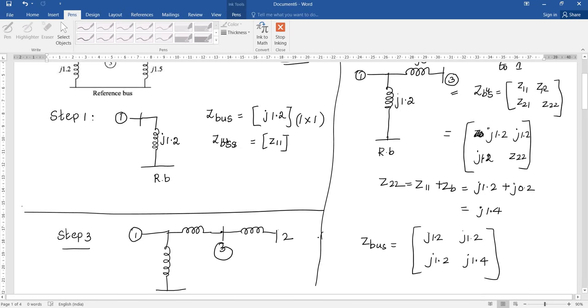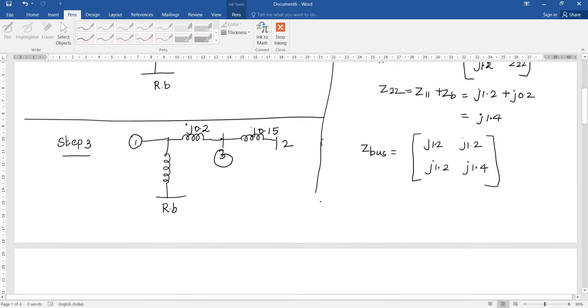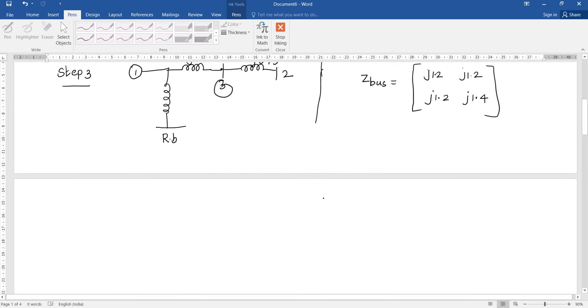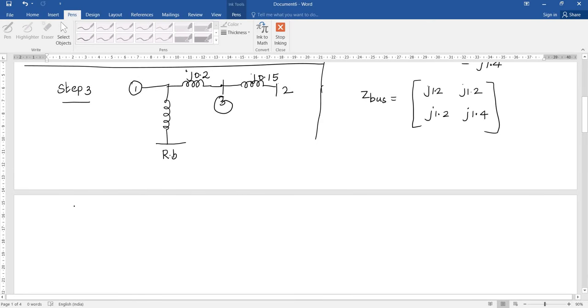The element value is j0.2. Here the element is j0.15. Here the order of the matrix is increased by 1.